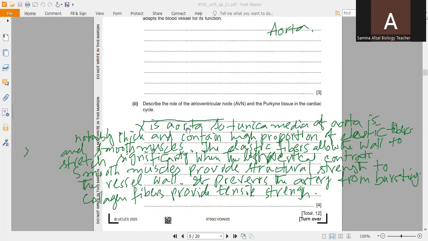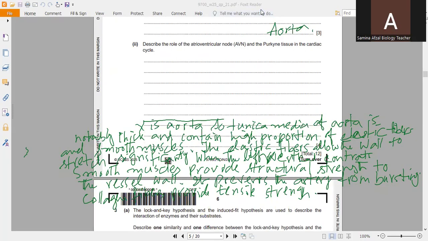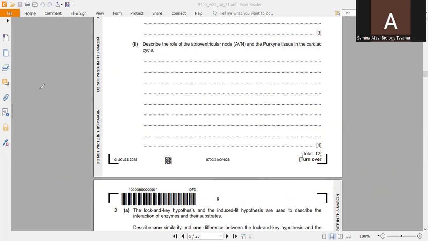Now the last part of this question is, describe the role of the atrioventricular node and the Purkyne tissues in the cardiac cycle. So the atrioventricular node acts as a gatekeeper between the atria and the ventricles.